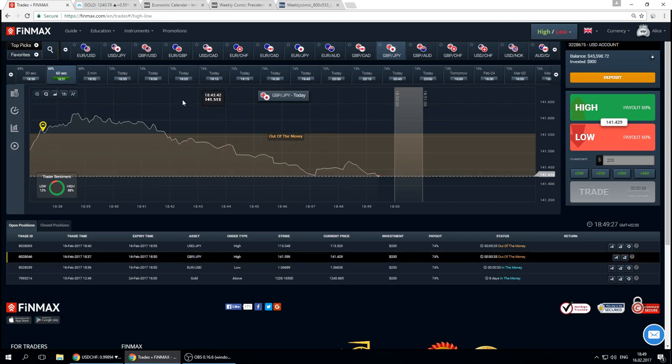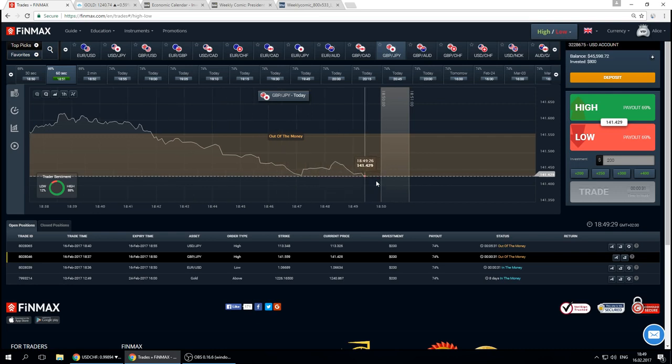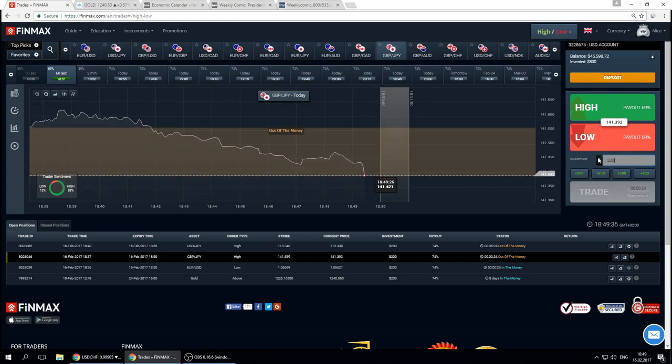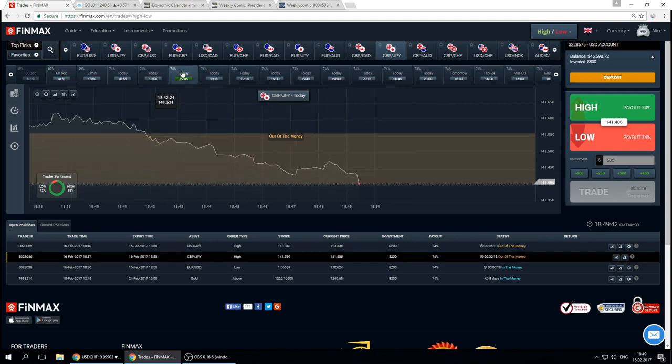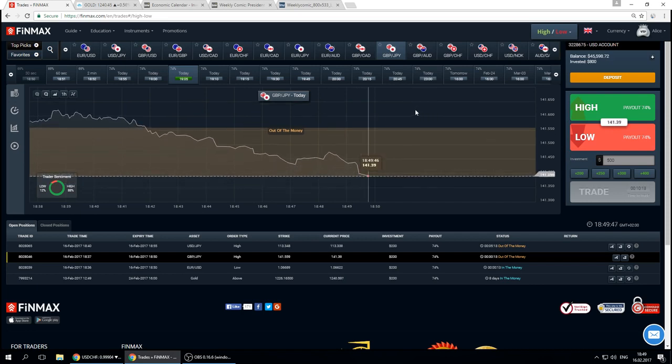So in this case, some traders double the amount that they have invested. Personally, I prefer to use the coefficient 2.5 in order to gain profit in the end.